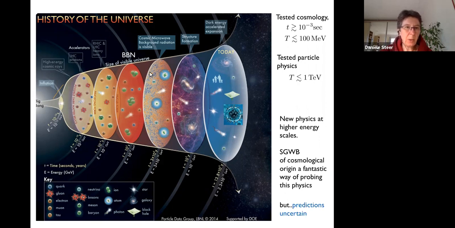And so we don't really know what physics is going on below here. And so there could be new physics. And as I've tried to say, the stochastic background of gravitational waves of cosmological origin is a fantastic way of probing this new physics, but it gives uncertain predictions because we're not sure about that physics.